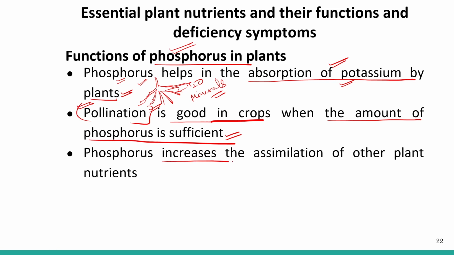Phosphorus increases the assimilation of other plant nutrients. So there is a requirement of phosphorus for the assimilation of other nutrients, right? The assimilation of other nutrients will be affected if an adequate quantity of phosphorus is not present in the plants.